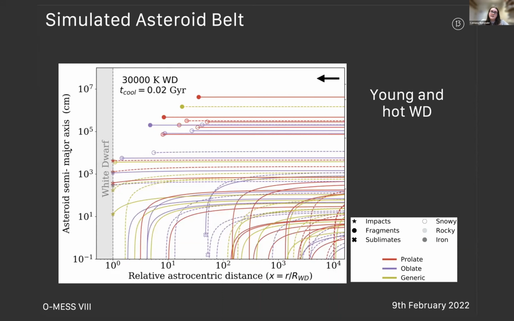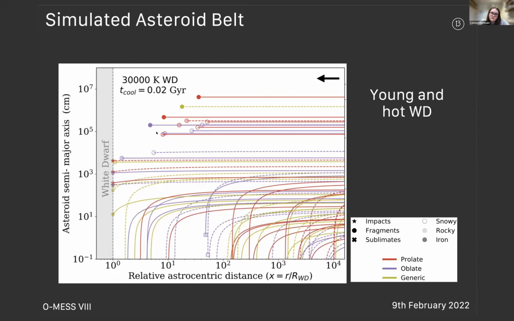Again, we have a size proxy on the y-axis and a distance on the x-axis. The asteroids start from the right-hand side and move into the left. So there's quite a lot going on in these graphs. Because we've already discussed shape, I'm not really going to focus on the colors in these individual lines, but more so on the markers.